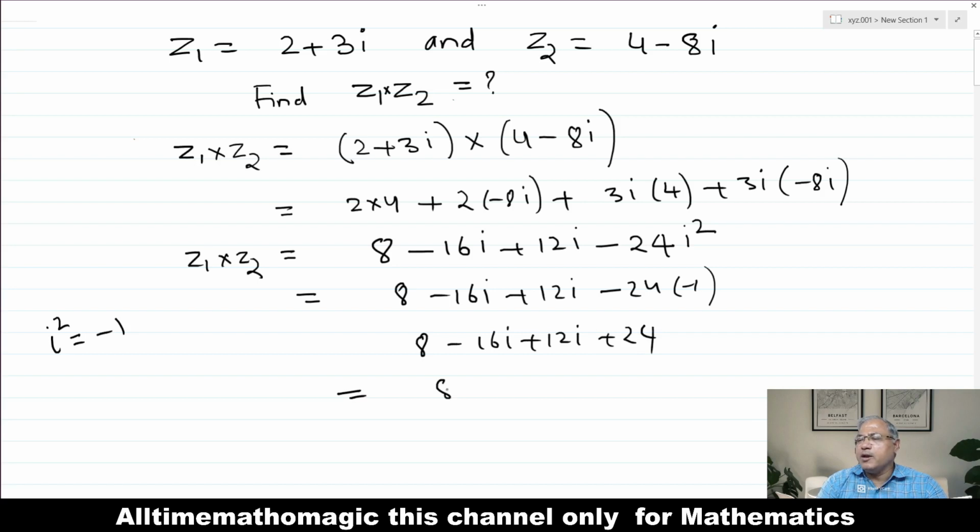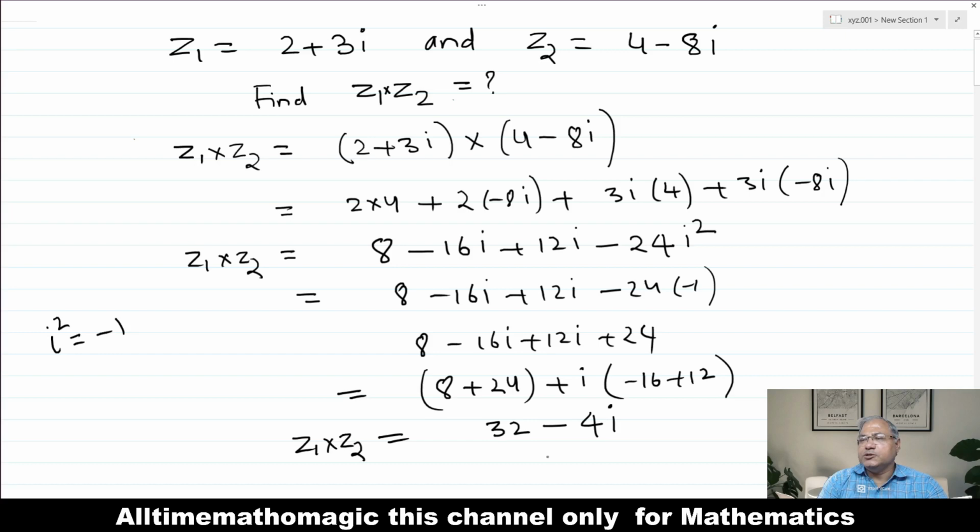Now bring all the real parts to one place, that is 8 plus 24. Then i is common, then minus 16 plus 12. So that equals 32 minus 4i. That is the result of Z1 into Z2. This way we multiply complex numbers.